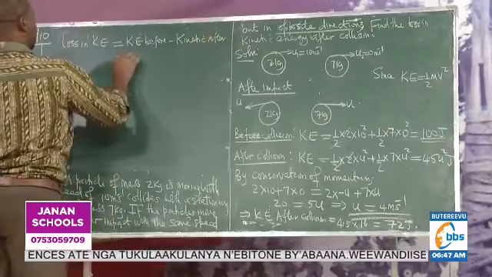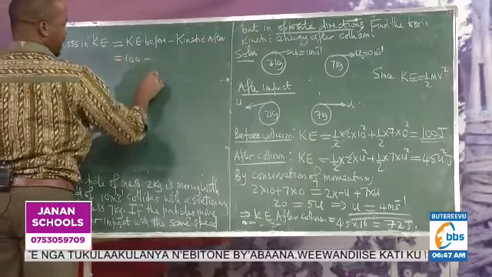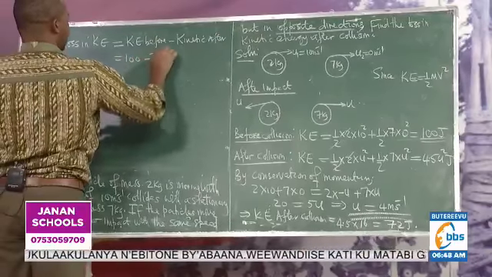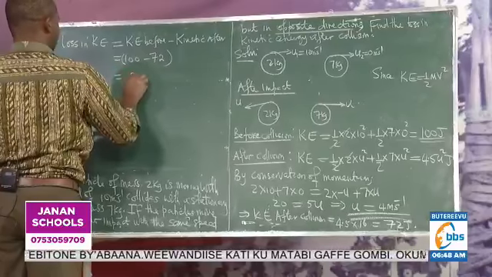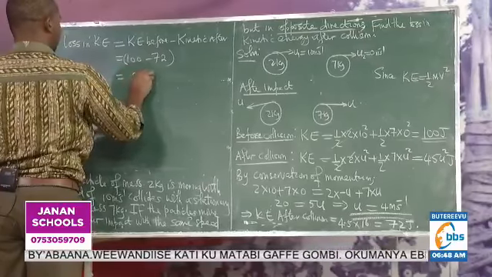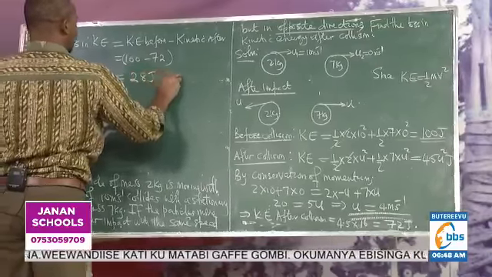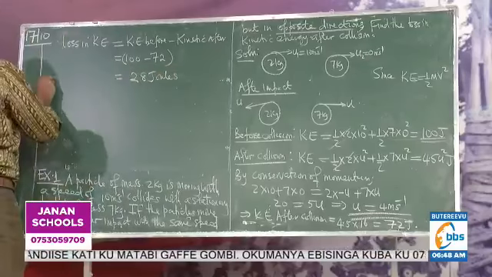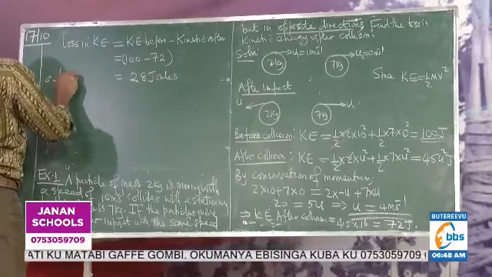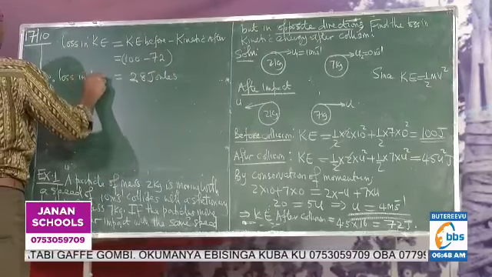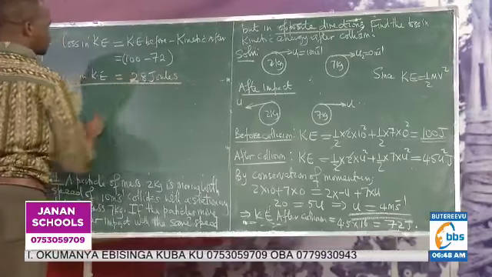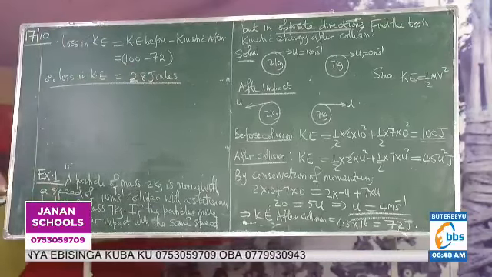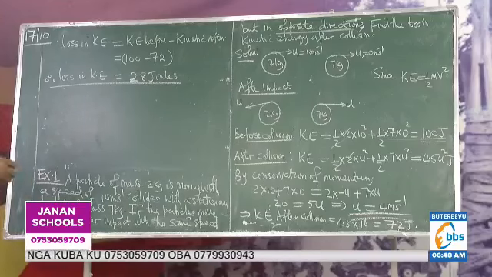This is going to be 100 minus 72, which would definitely give us 28 joules. So our loss in KE is equal to 28 joules, and that is what this question required us to find.